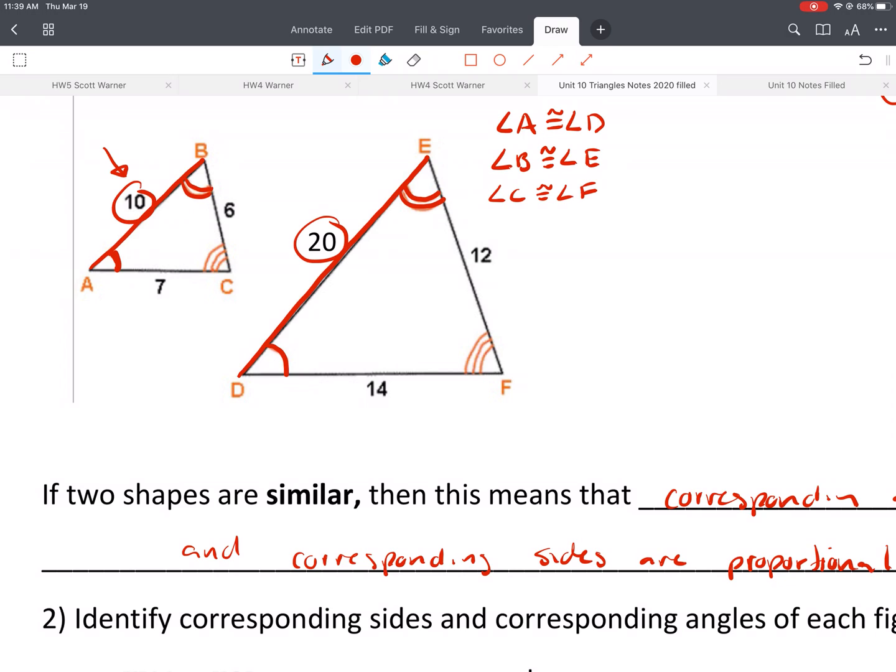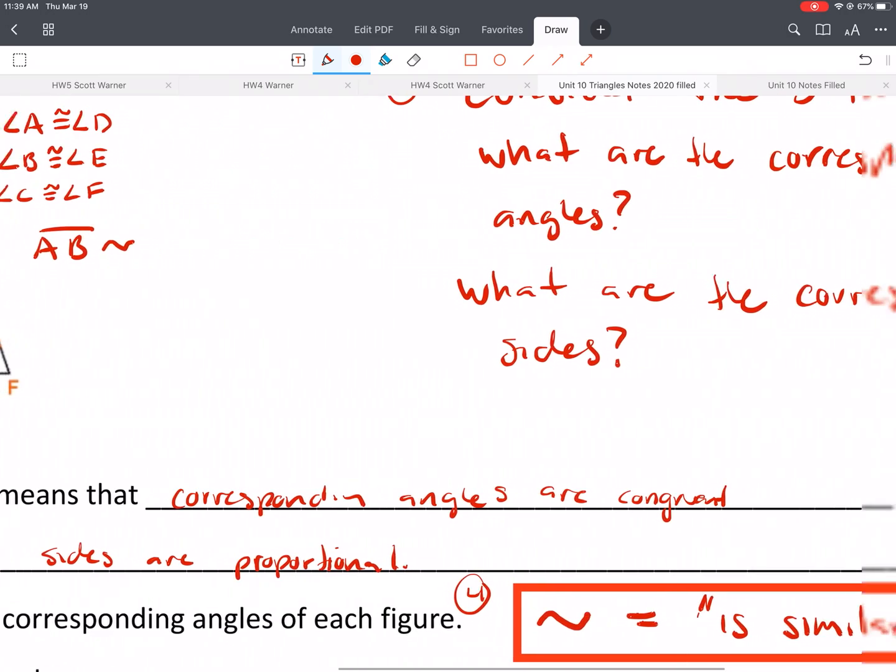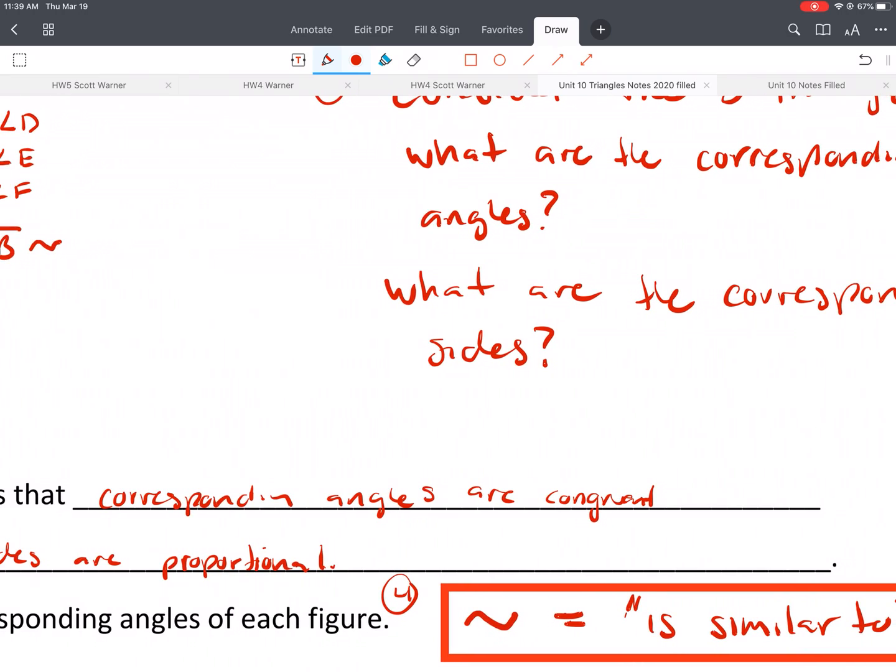So for side AB, and this is how you write it with a line on top, the corresponding side is, sometimes we use this symbol, it means is similar to.